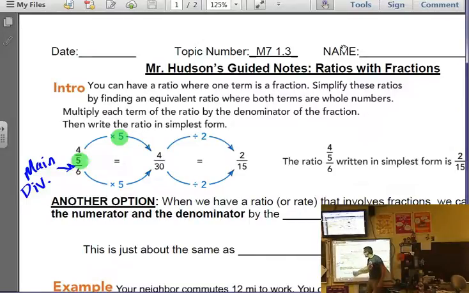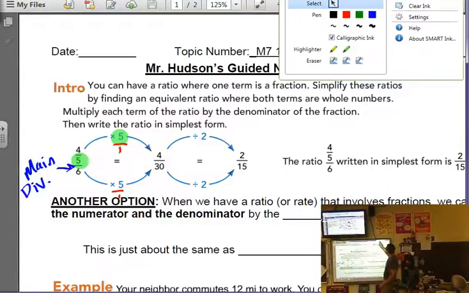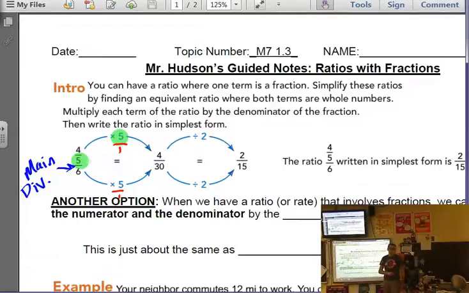This is essentially times 5/1, and the 5's cancel each other out, and the 4 just comes through. Now the 6 also multiplies by 5/1, and that becomes 30. Then we can simplify down to 2/15. But I personally do not think that's a very good method. No, that does work. It is perfectly fine. I just don't think it's very good.